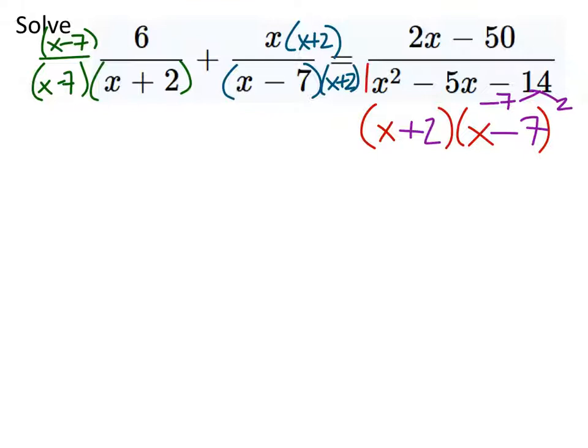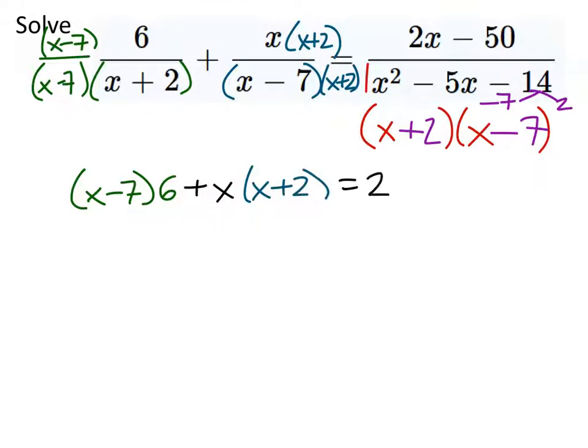Which again, still gives me common denominators. So now I've got x minus 7 times 6 plus x times x plus 2. And yeah, we already have experience solving these types of problems from the last example. And hopefully this one now is not too bad.